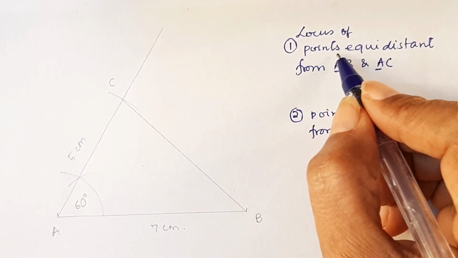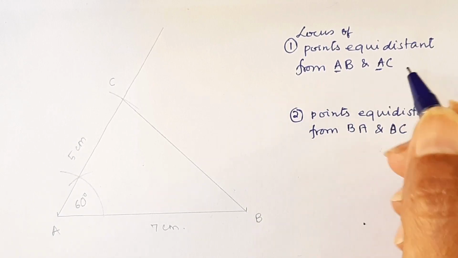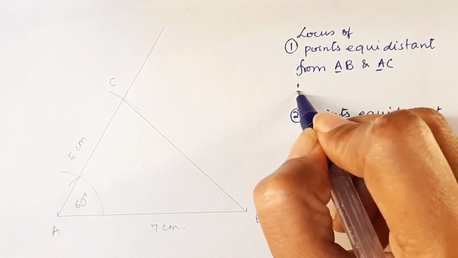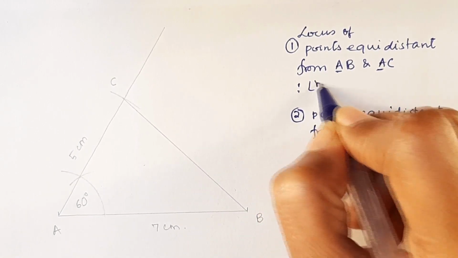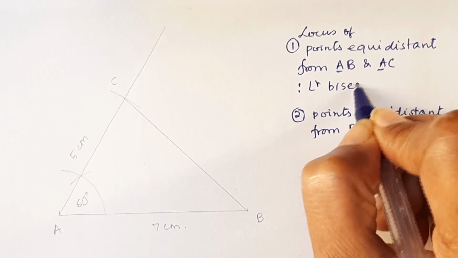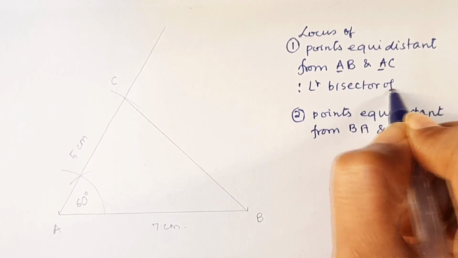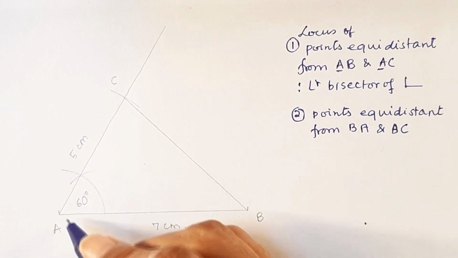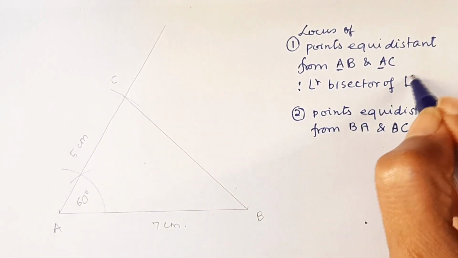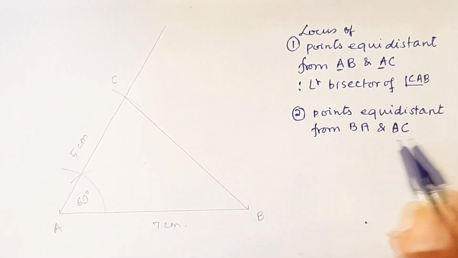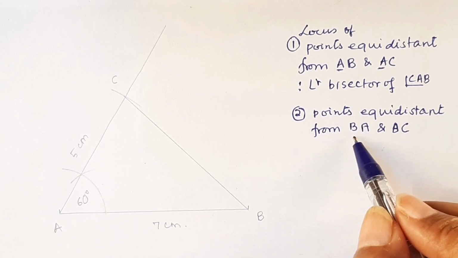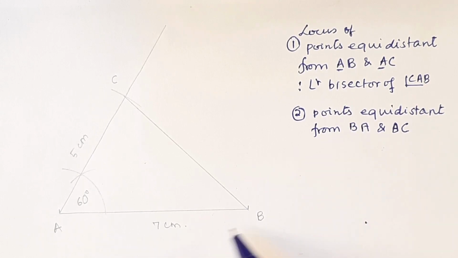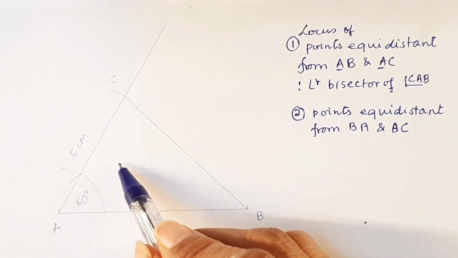So we will write here the points equidistant from AB and AC will be the angular bisector of angle A, means angle CAB. And here points equidistant from BA and BC will be somewhere here like this, the locus of the point.